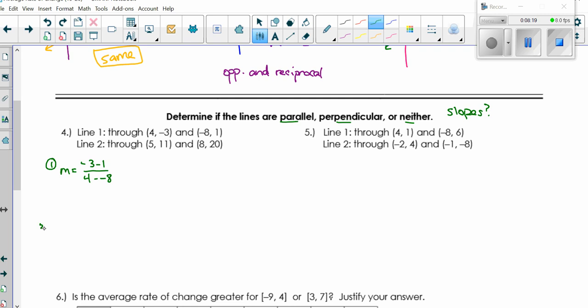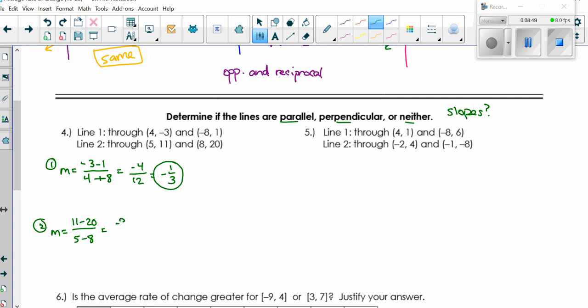And then for line 2, m equals, subtract my y's, so 11 minus 20, and 5 minus 8. All right, this is going to give me -4, and it's going to change to a plus sign, so it's going to give me 12. So this simplifies to -1/3. Okay, so -1/3 is that slope.